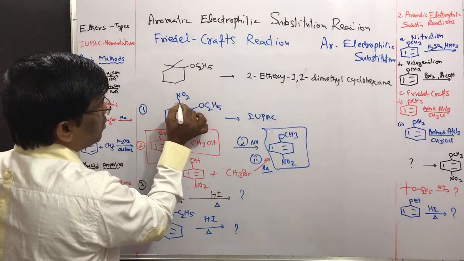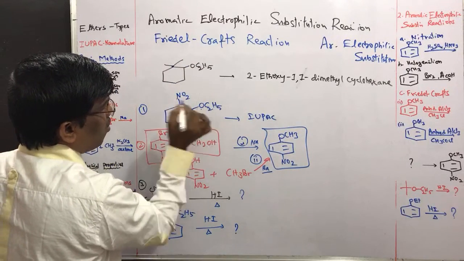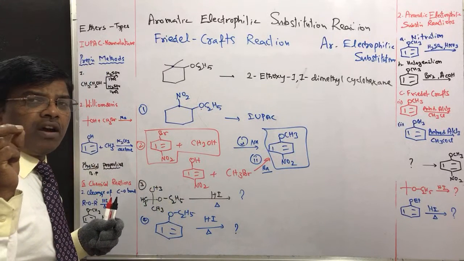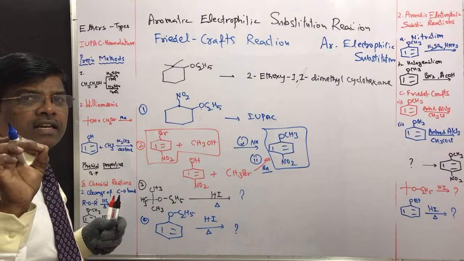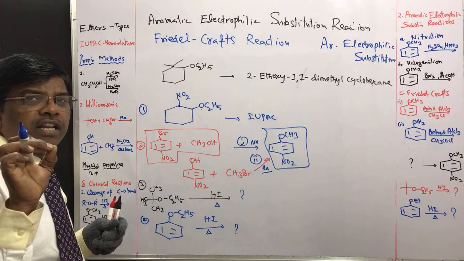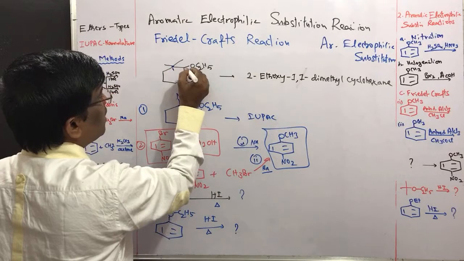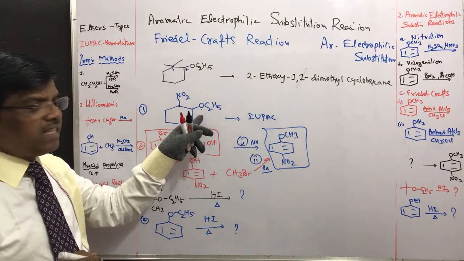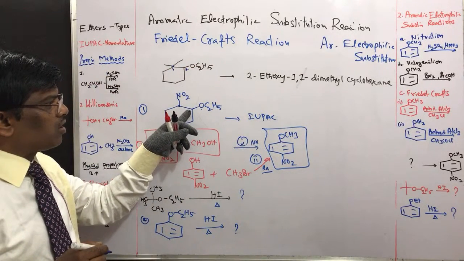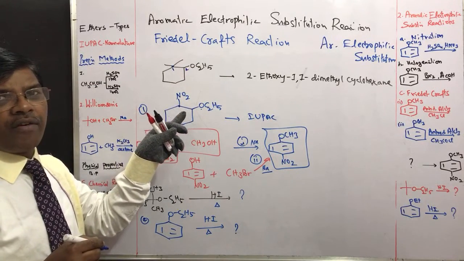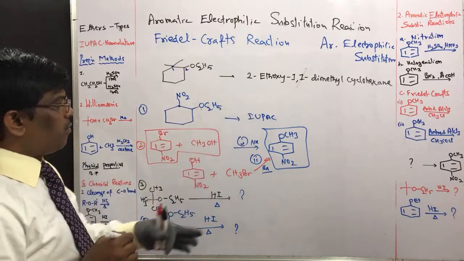And when it comes to these two, this is nitro, this is oxygen. Oxygen and nitrogen, which is the priority group? Oxygen. So in this case the numbering started from here, whereas in this case numbering starts from oxygen. So write like this 1, 2. I have given the hint. So write down the IUPAC name.